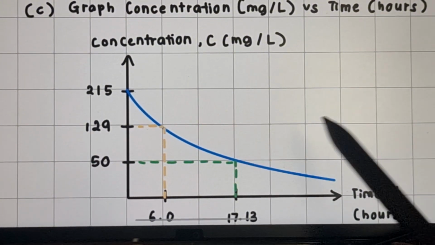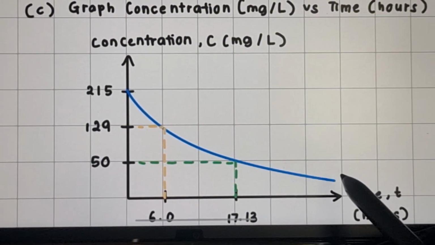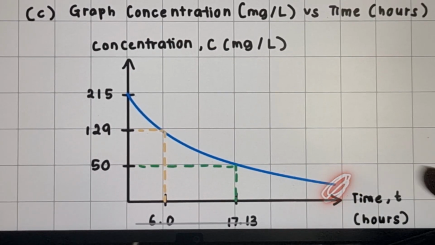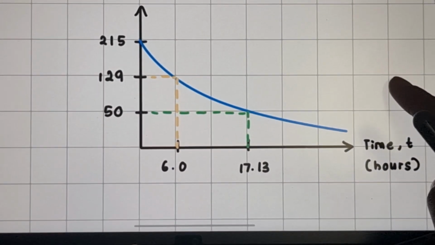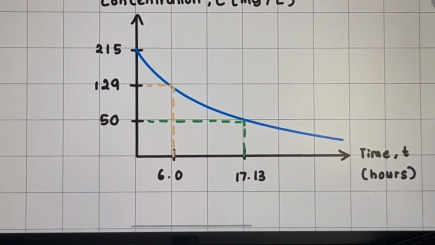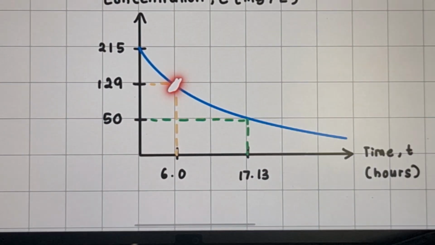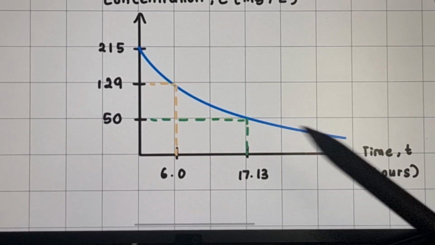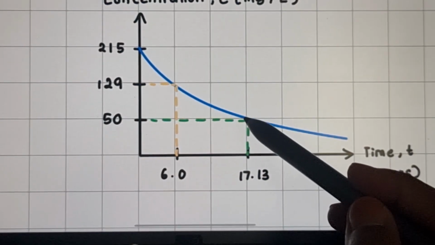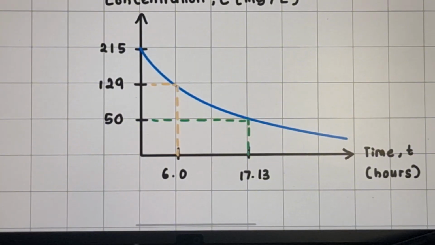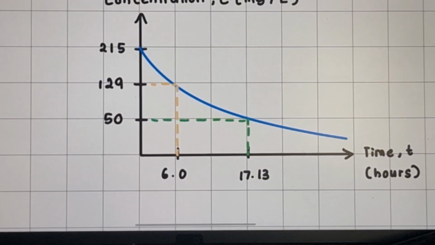As time passes, the rate of decrease becomes slower and the concentration gradually approaches zero. From the graph, we can observe that the concentration is 129 mg/L at 6 hours and reaches 15 mg/L at approximately 17.30 hours.